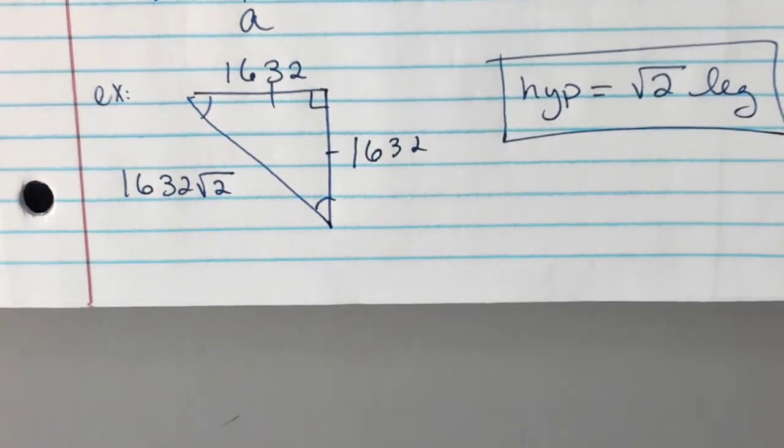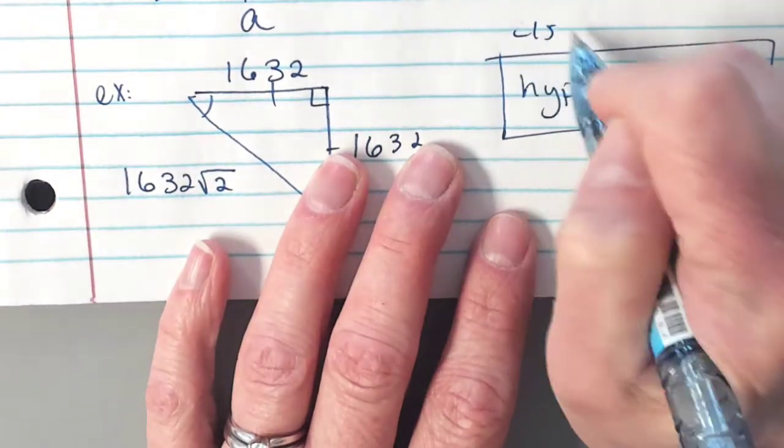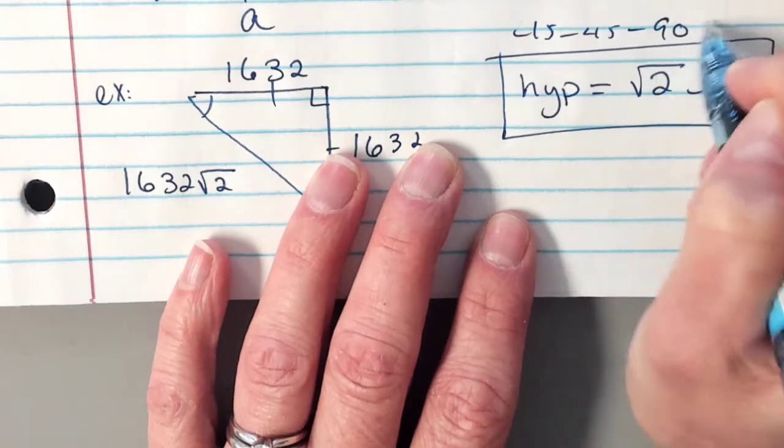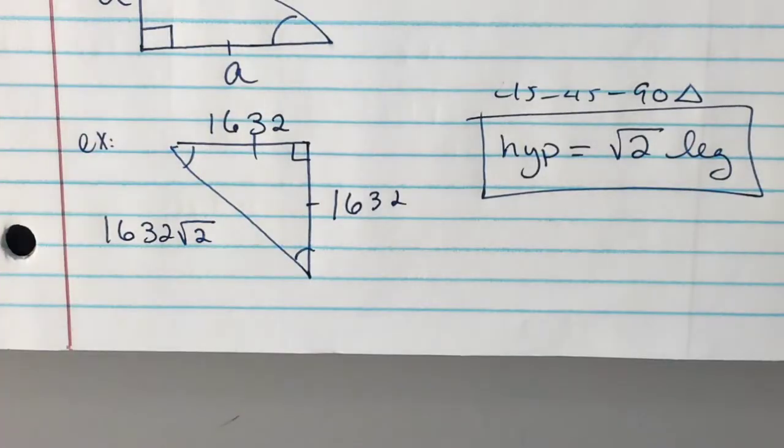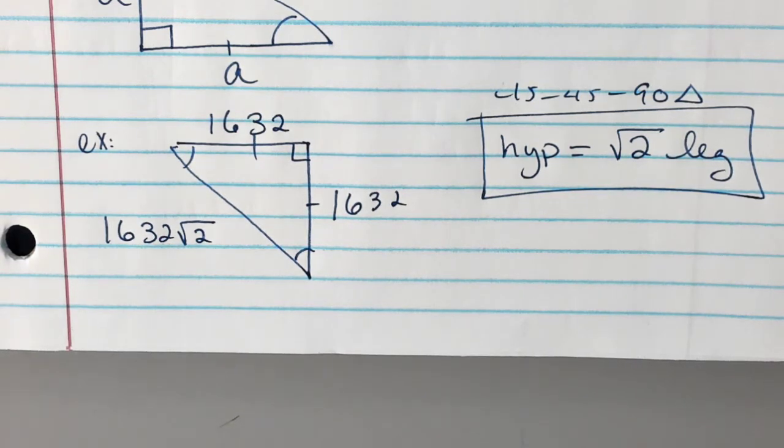Write that down. And this is for a 45, 45, 90 triangle. The hypotenuse is root 2 times the leg. Every single time. No more math needed. Follow a pattern.